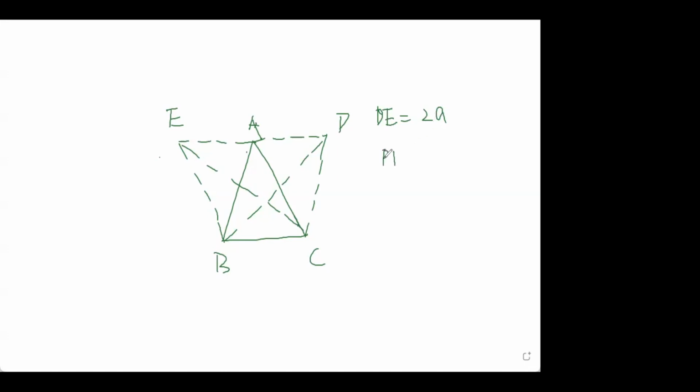So BD just equals 2MB. And similarly, we know CE equals 2MC.